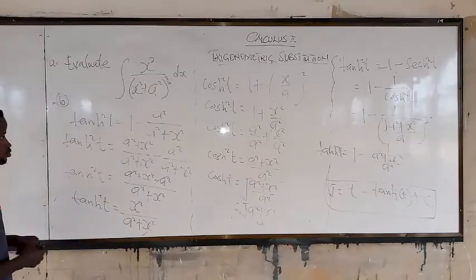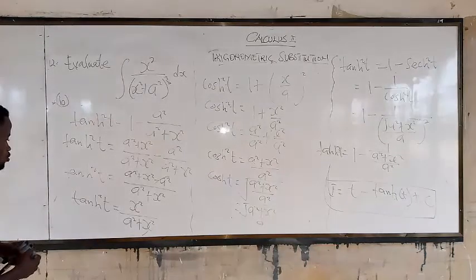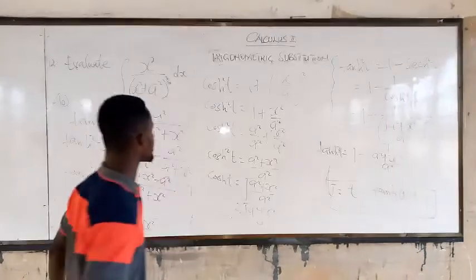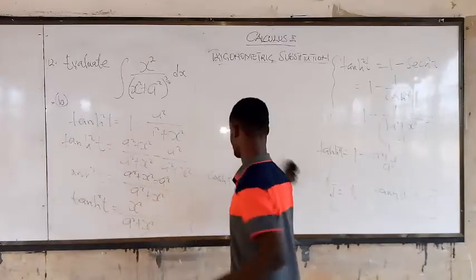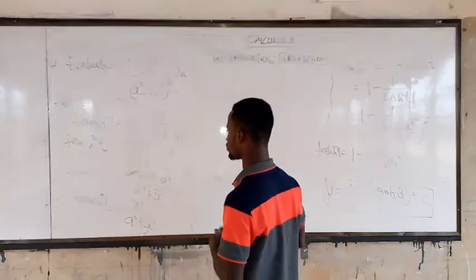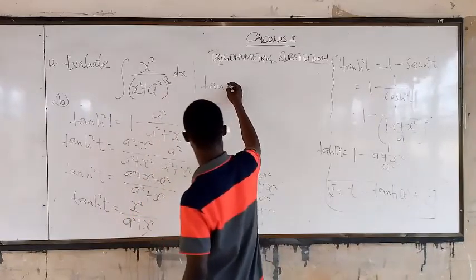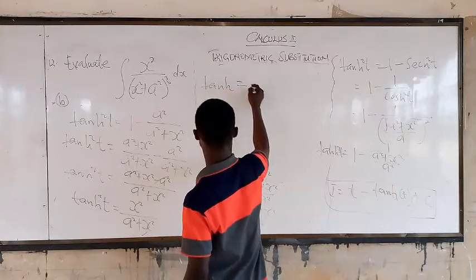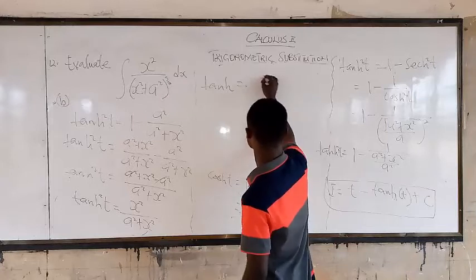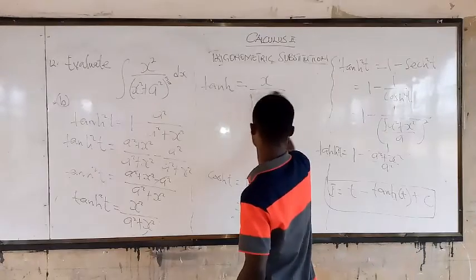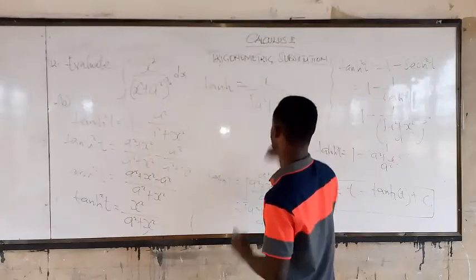Alright, so when we take the square root, we are going to get tan t to be equal to s over the square root of a squared plus s squared.